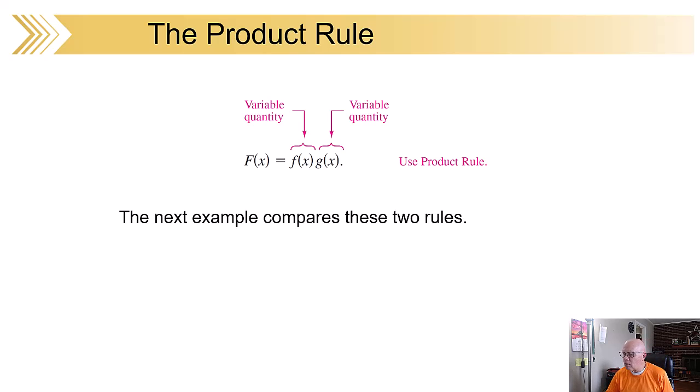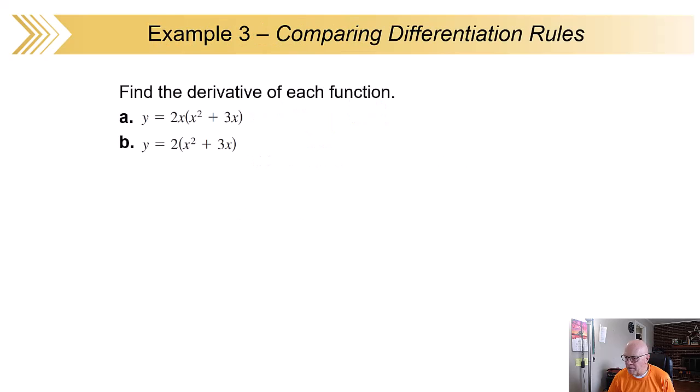Now we're going to compare those two rules. This is mostly so that you see the difference between them and you don't mistake one for the other. So let's take the derivatives of each of these functions. Let's take part A over here, and we want to find y prime or dy dx or f prime of x. Now, if you like the way I did it in the last one, there's 2x and x squared plus 3x.